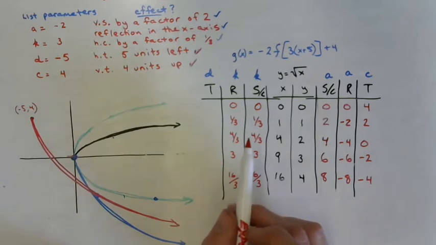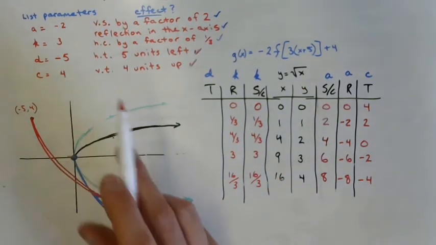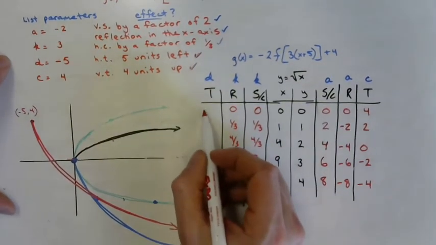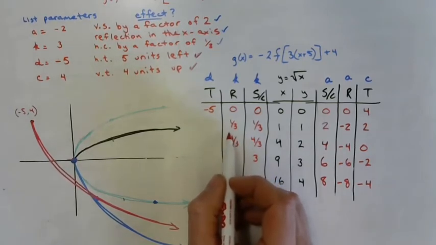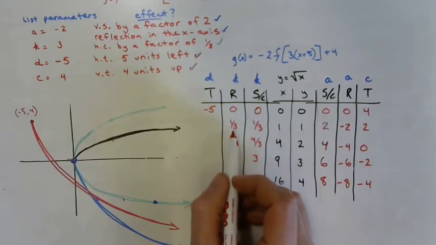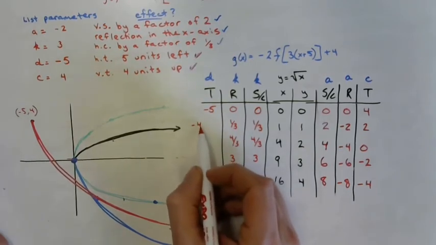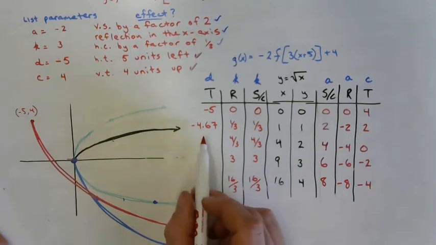There is a horizontal translation. We said we're moving 5 units to the left, so I'm going to subtract 5 from all of these x-coordinates. 0 minus 5 is -5. And then it gets a bit sticky. You wouldn't use your calculator. You would still just do it in your head. But, I mean, you could use your calculator too. You could go 1 divided by 3 and then minus 5. And I'm going to write my answers as decimals, actually. It's easier for you maybe to wrap your head around it as a coordinate if you're plotting points.